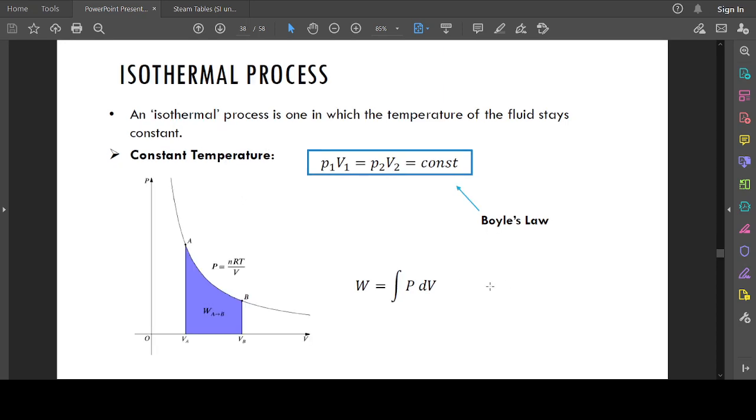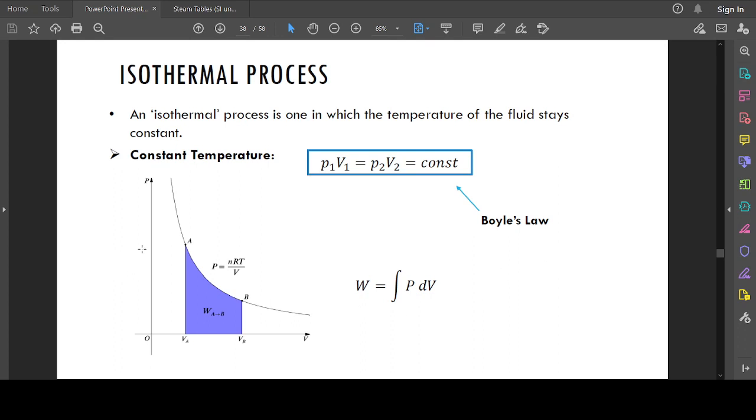So the isothermal process, as the name implies, is one where the temperature remains constant in this kind of system. And when the temperature remains constant, the pressure and the volume become the changing variables. Now, that is given by Boyle's law, which is P1 V1 equals P2 V2, equal to a constant.